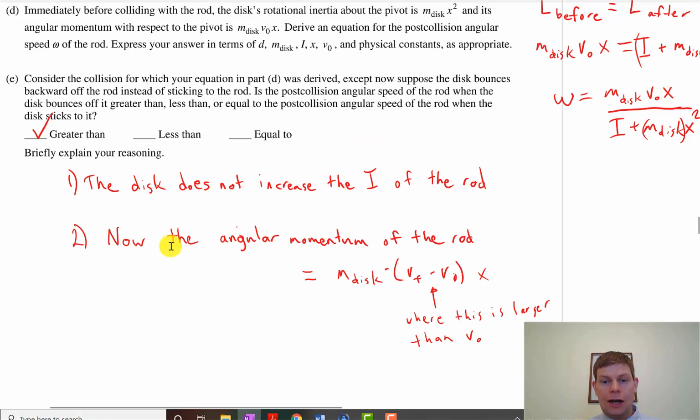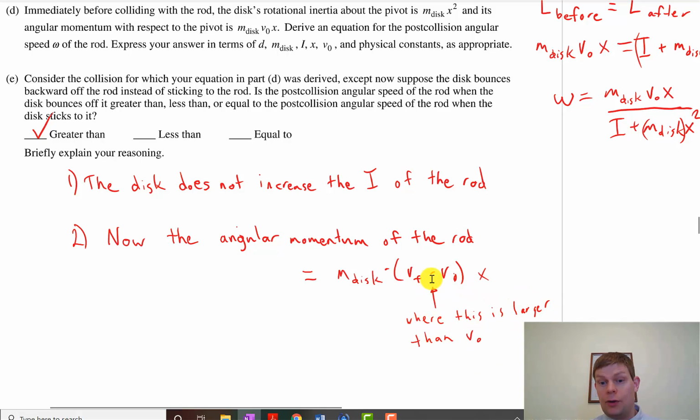And now the angular momentum of the rod is equal and opposite to the change in angular momentum of the disc. So here's the change in angular momentum of the disc. I threw in this little negative sign. I didn't want to get stuck on it, so I wrote it small. So it's basically m change in v r, and the magnitude of this change in v is going to be larger than v naught, which it was originally, or pretty close to that.